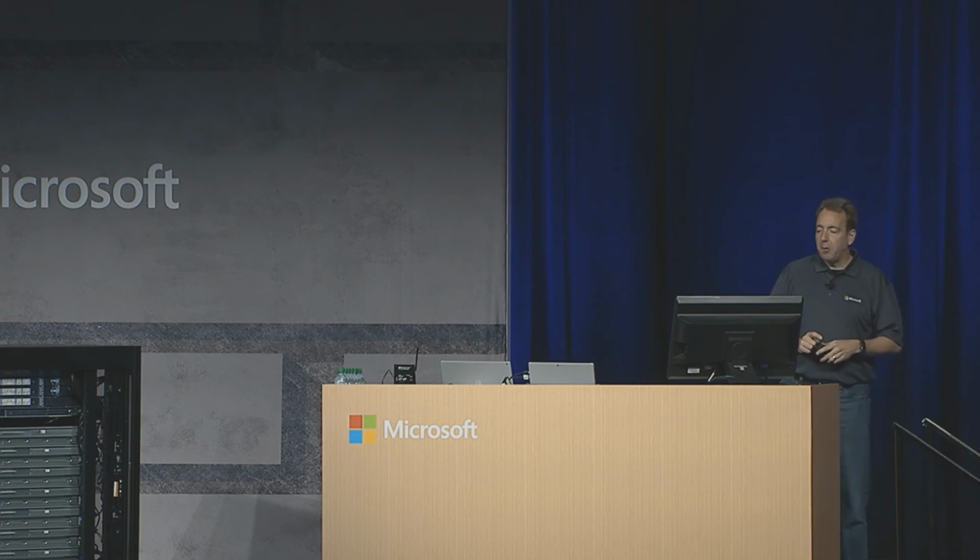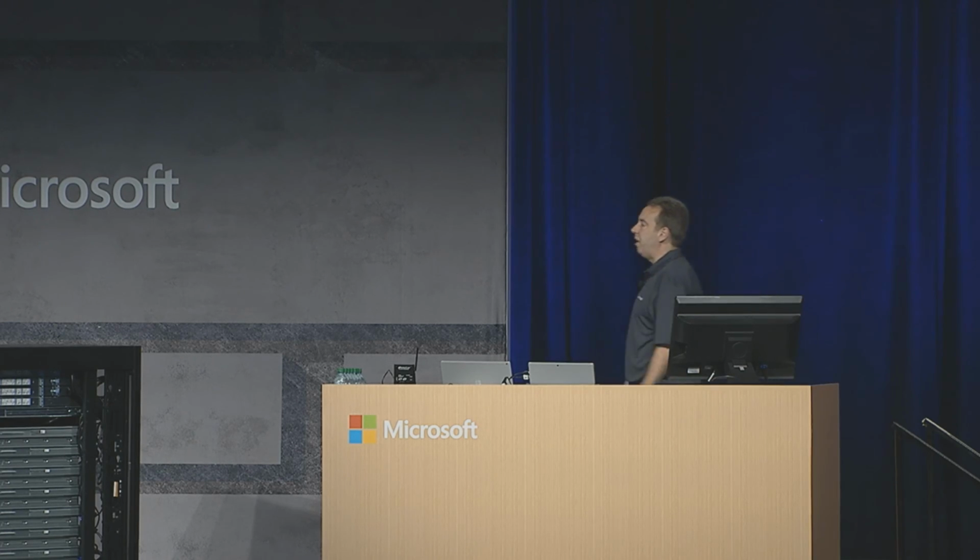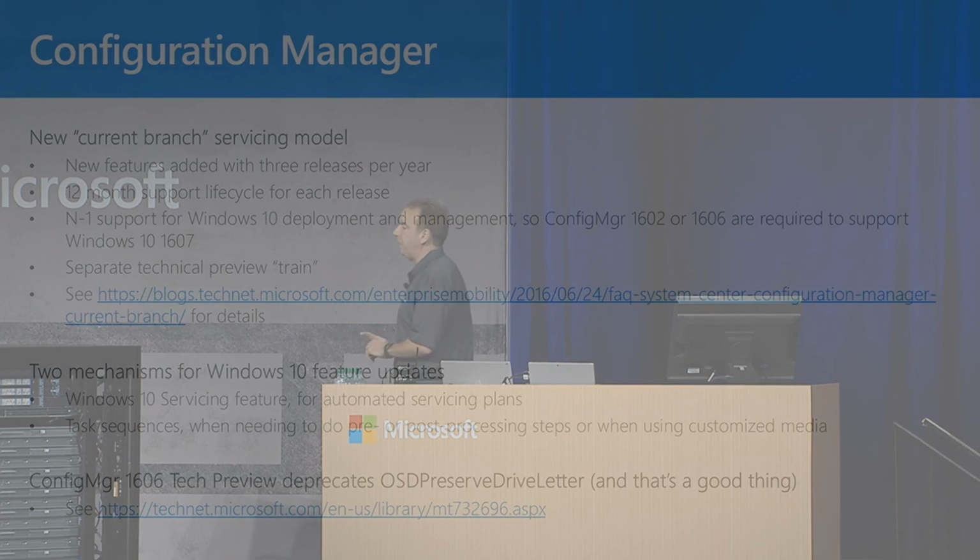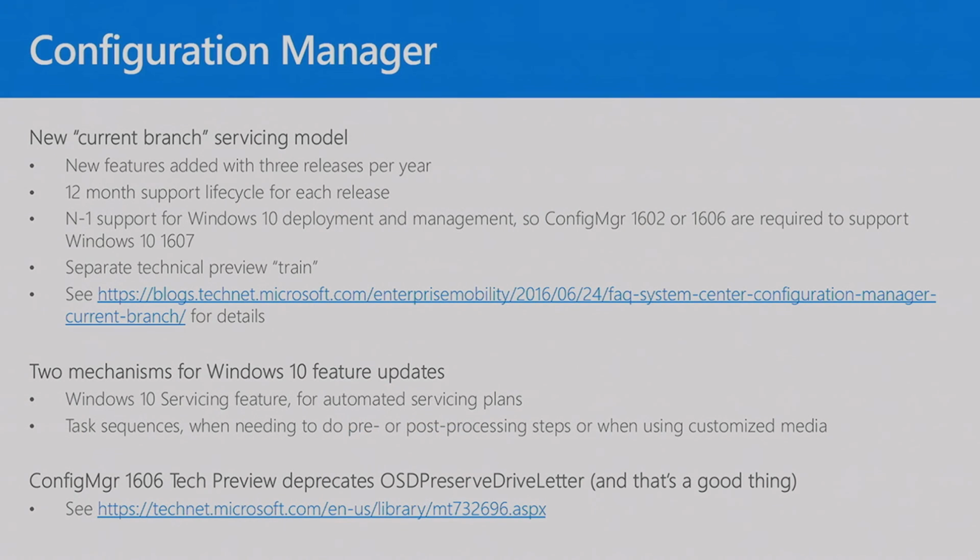When we look at Configuration Manager, most enterprises today are using Configuration Manager to manage their Windows PCs. They have a huge amount of market share, so this generally is what most customers are having to deal with. Because not only did Windows move to an as-a-service model, Configuration Manager did too.